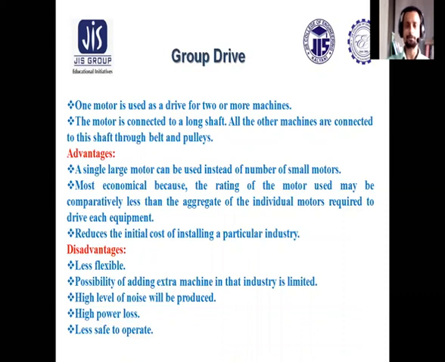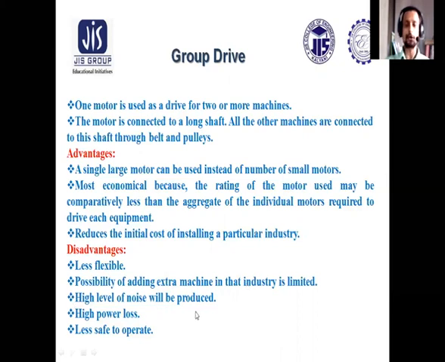Now, if you want 50 loads instead of 20, you cannot do that, because suppose that motor is designed to drive a maximum of 30 loads. So you cannot increase it beyond that. So that is limited.